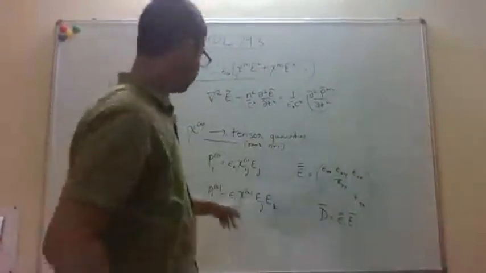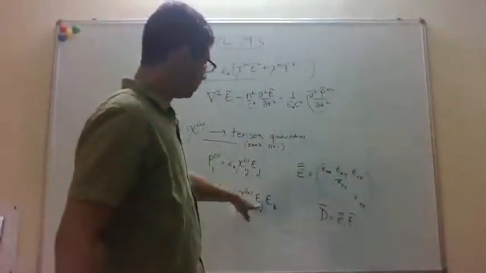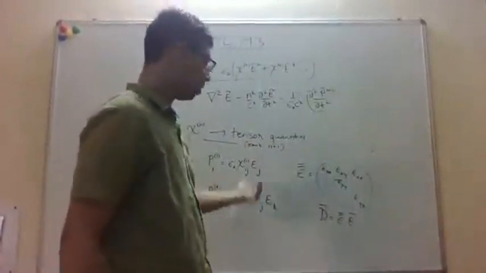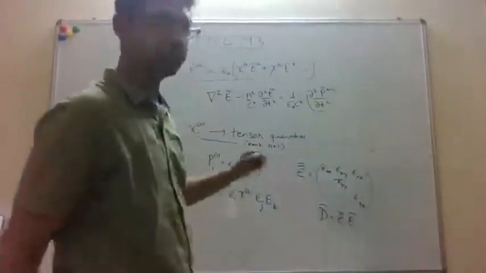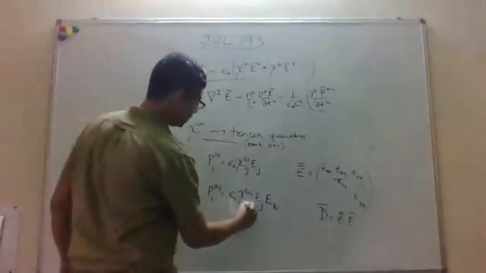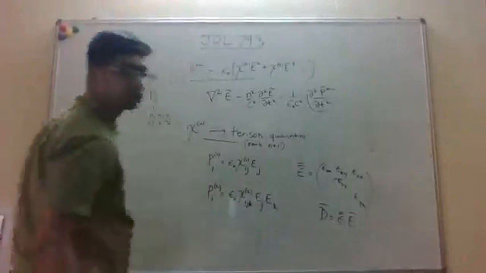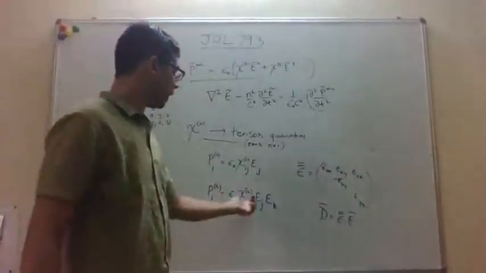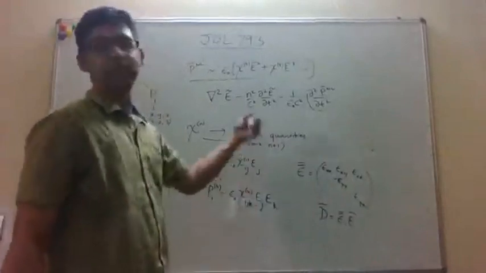So for example, this j could be x direction, k could be z direction, or both could be x direction. Whatever. So now you can see that this needs to have three indices, i, j, k. So chi 2 is a tensor of rank 3.